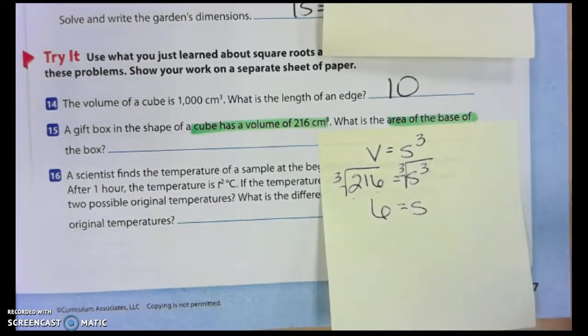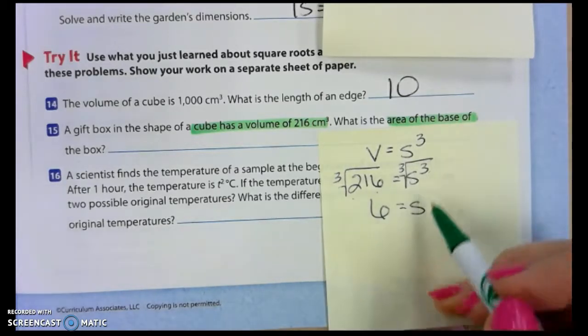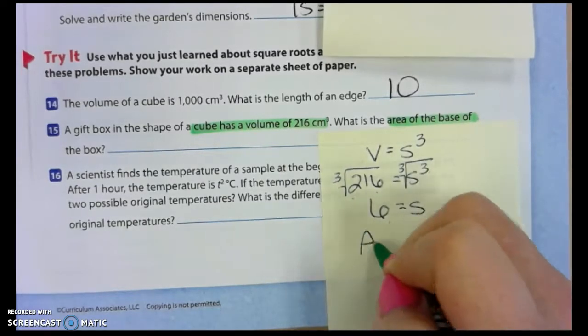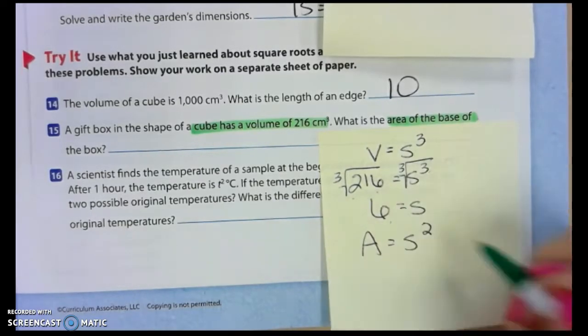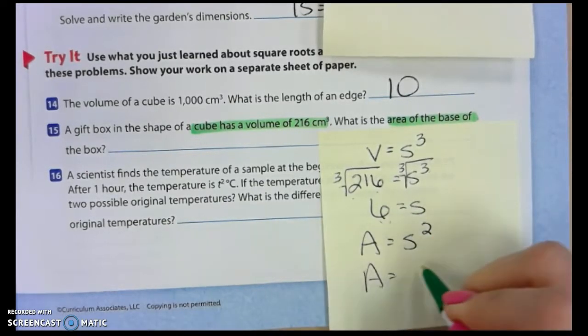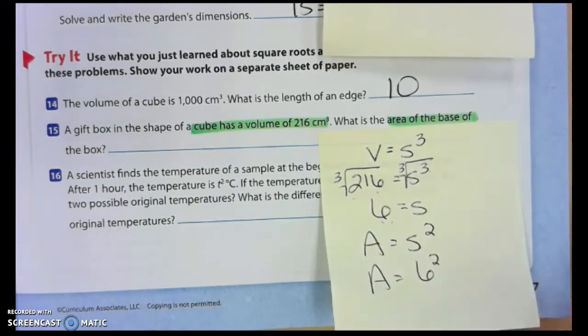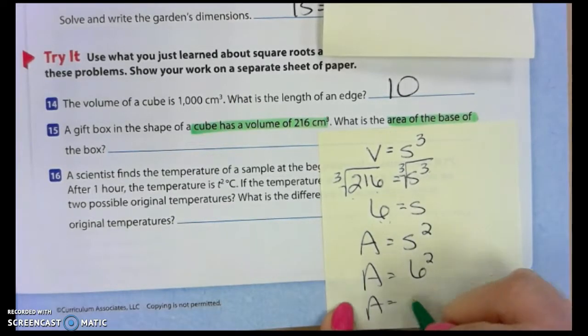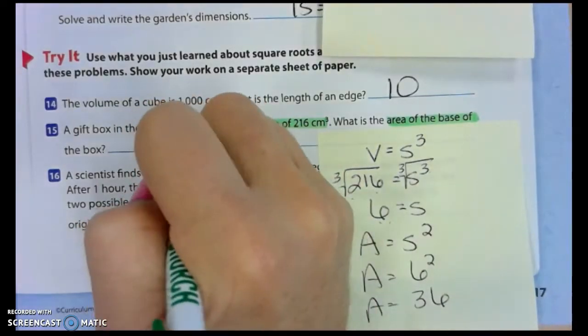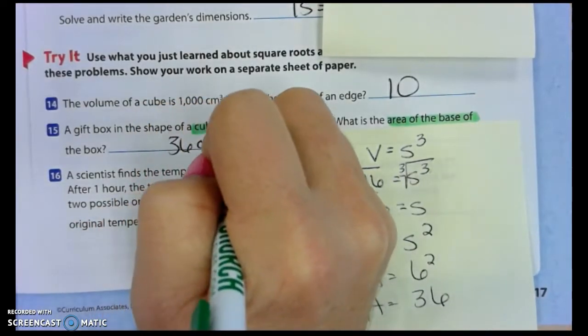So this gift box has a side length of 6 centimeters. We want to know the area of the base, and to find area, we take side squared. We just said that the side is 6. And 6 squared gives us 36. And it would be 36 centimeters squared.